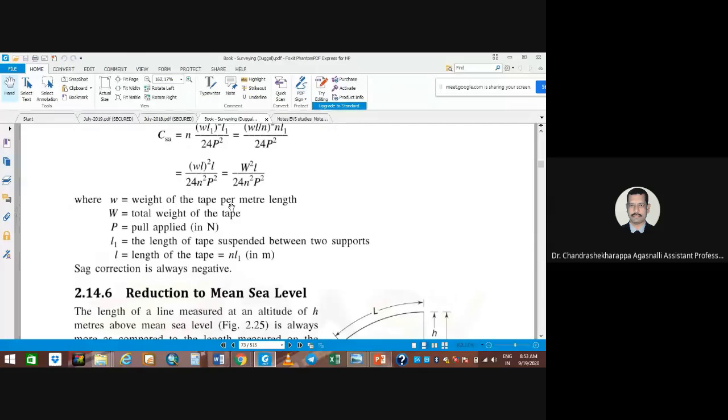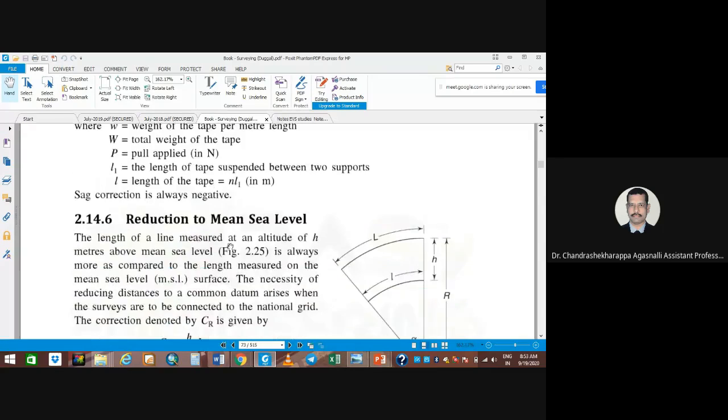W is the weight of the tape per meter length, and capital W is the total weight of the tape. The third one is the pull applied, called N. L1 is the length of tape suspended between the two supports, and small L is the length of the tape. Sag correction is always negative.